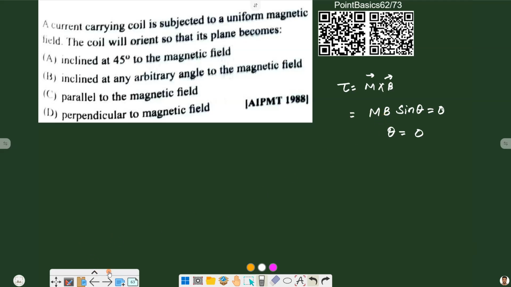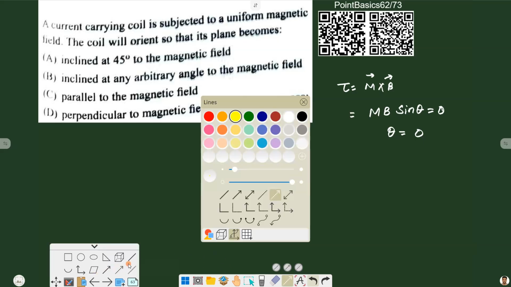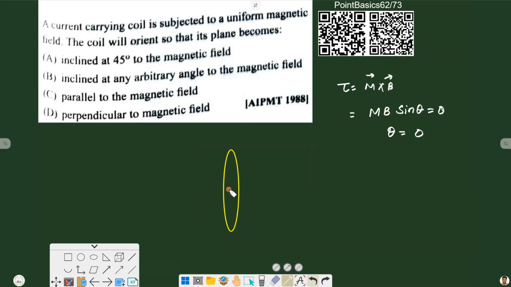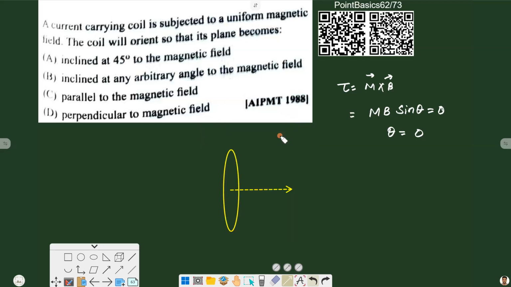And this theta is between the magnetic dipole moment and the magnetic field. Now suppose we have a coil. This is our coil, and this is its magnetic dipole moment, because the magnetic dipole moment is perpendicular to the plane of the coil. Now we have the magnetic field also in the same direction, because theta is 0.